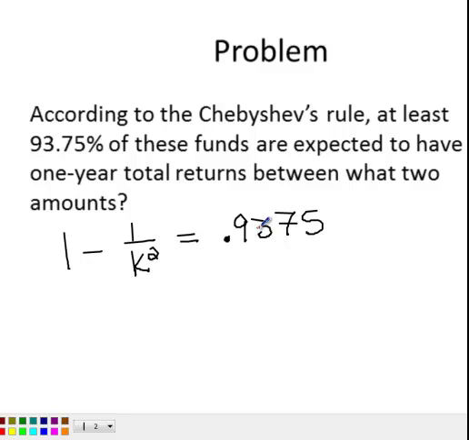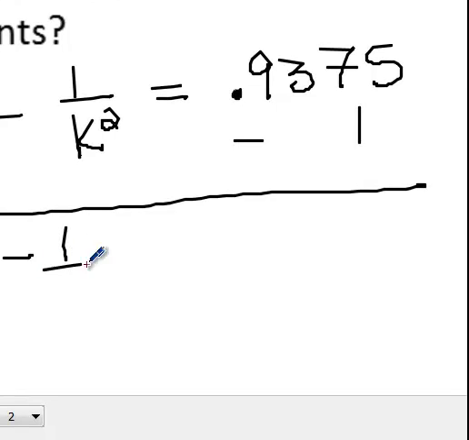Once I figure out the standard deviations, then I can figure out what the two values are. So let's go ahead and solve for k. The first thing I'm going to do is subtract 1 from both sides. I end up with negative 1 over k squared is equal to negative 0.0625.